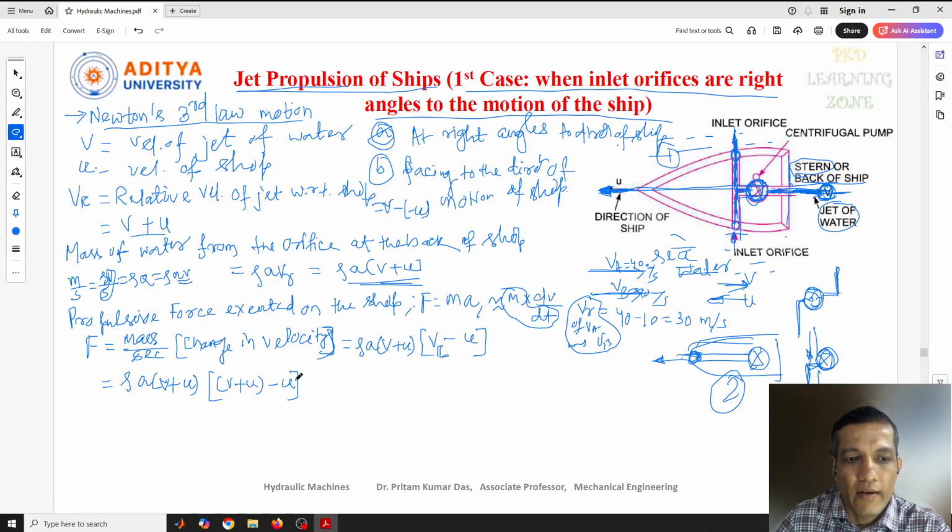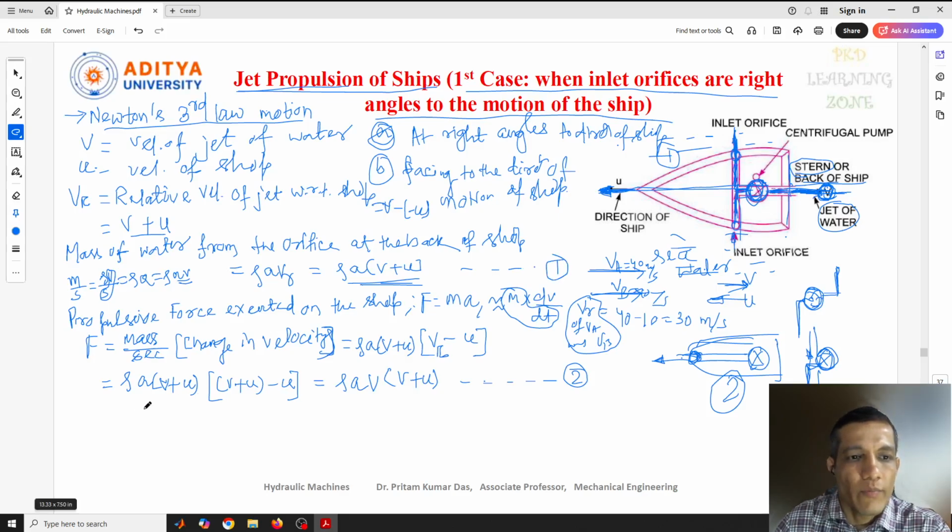If you write this you can cancel it, and finally we get rho a v, and in brackets v plus u. So this is the force exerted on the ship. This one we can call equation 2, and the earlier one equation 1.